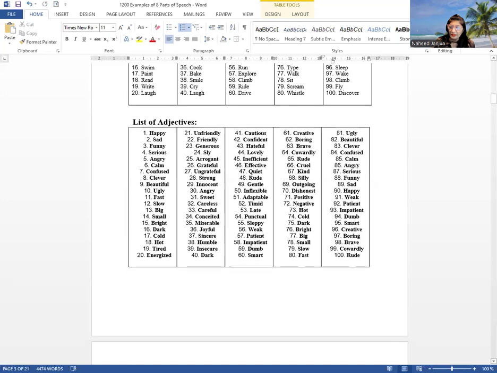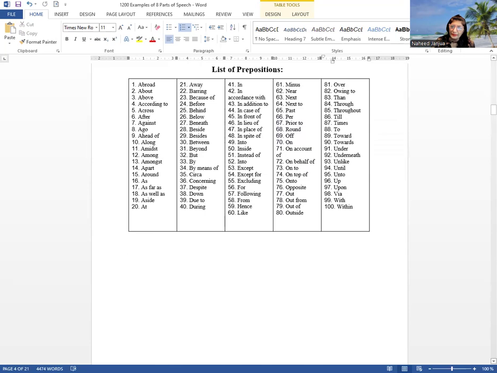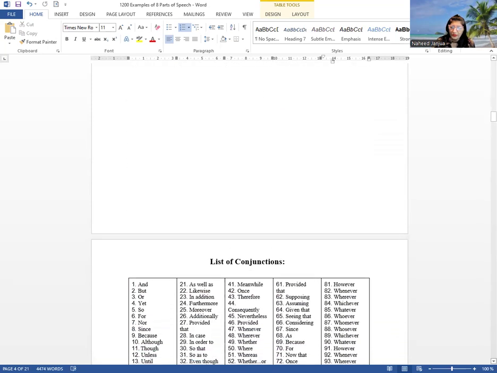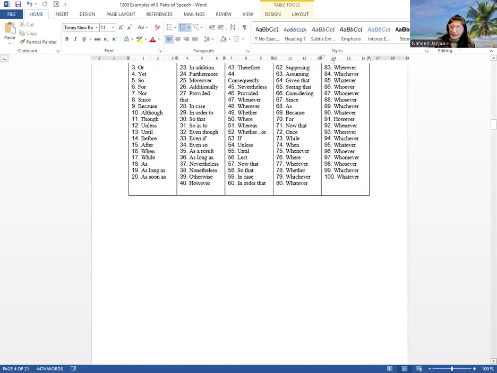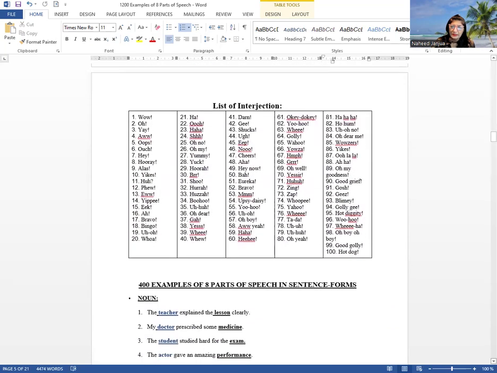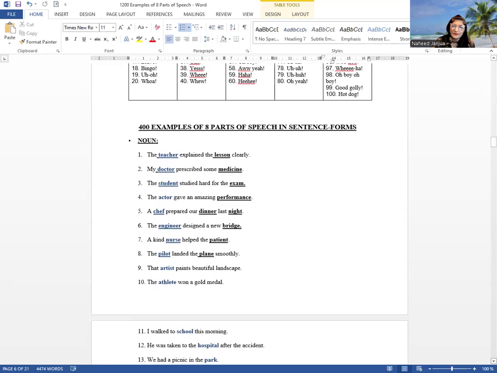The list of prepositions ranges from 1 to 100. Then a list of 100 conjunctions, extracted from different places and sources by the students, and the last list is of interjections. After this, there are almost 400 examples of 8 parts of speech in the form of sentences.